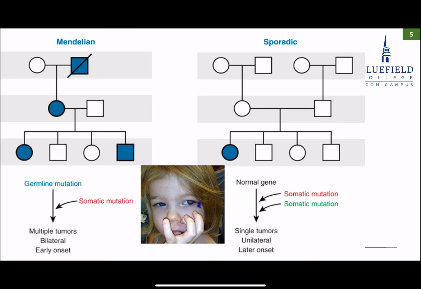But the tricky part here is the mechanism itself, because when you look at the mechanism, again, I'm using retinoblastoma as an example. The mechanism itself requires total loss of function. It tells us that the effect itself is recessive.